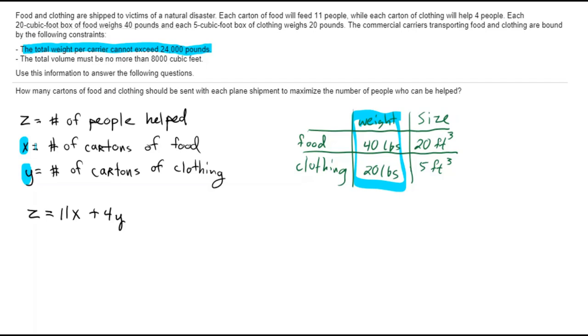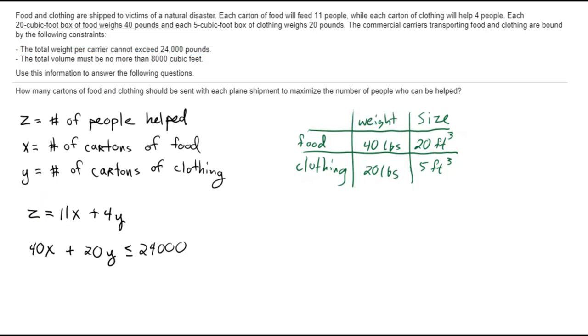So when I put all that together, the number of cartons of food times 40 would be the weight of all the food, plus the number of cartons of clothing times 20, that would be 20y, the weight of all the clothing. That cannot exceed 24,000 pounds. And so that is one of my constraints.